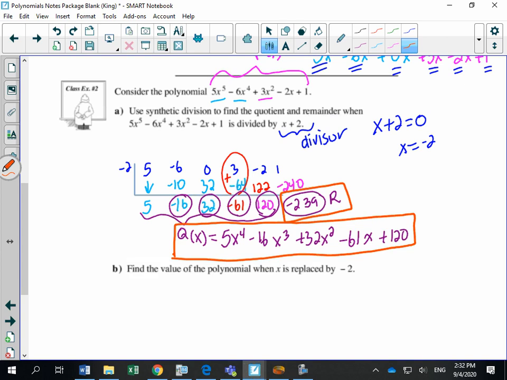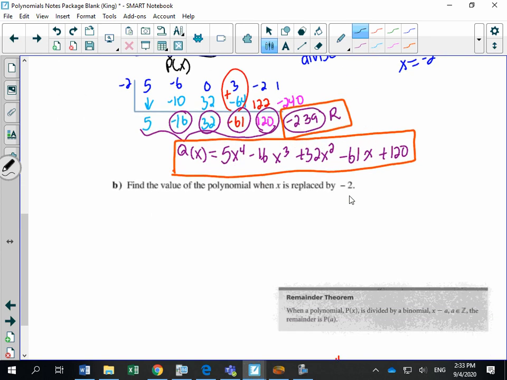Okay, what we're going to do now is it says find the value of the polynomial when x is replaced by -2. So this is my polynomial up here. That's my p of x. Right? That function is my polynomial. So what I'll do for b is I'm going to write p of x is equal to, so let's write out that polynomial: 5x to the 5 minus 6x to the 4 plus 3x squared minus 2x plus 1.